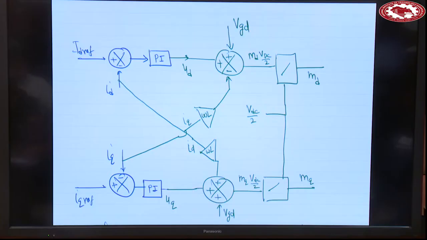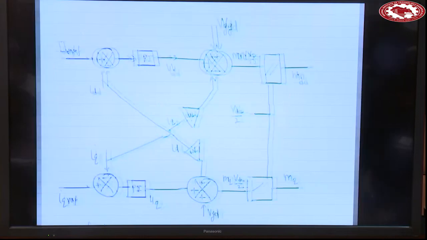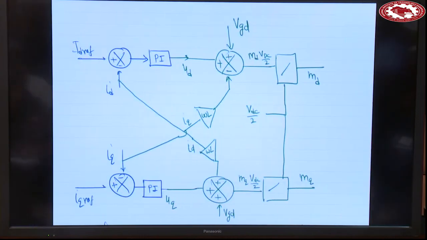Now, where will this ID ref and IQ ref come from? This is the current controller, because we are going to make use of this.